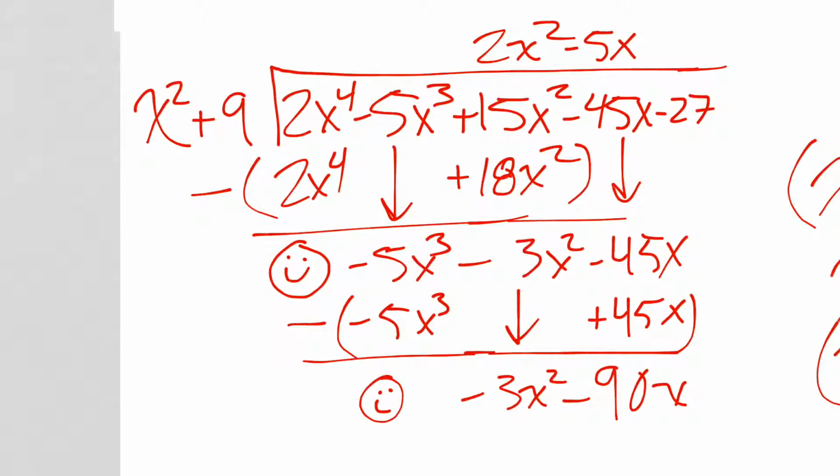And now we're happy because negative 5x times 9 is a negative 45x, and negative 45x minus negative 45x is not a disgusting negative 90x. It is a happy 0x.